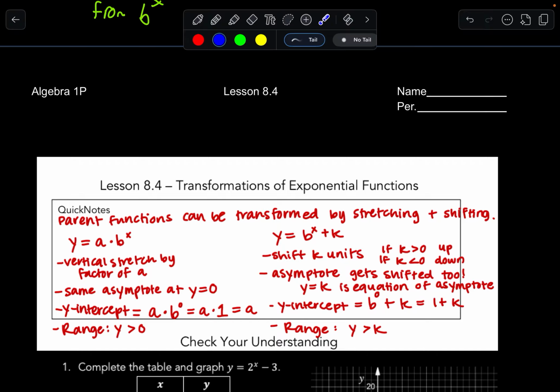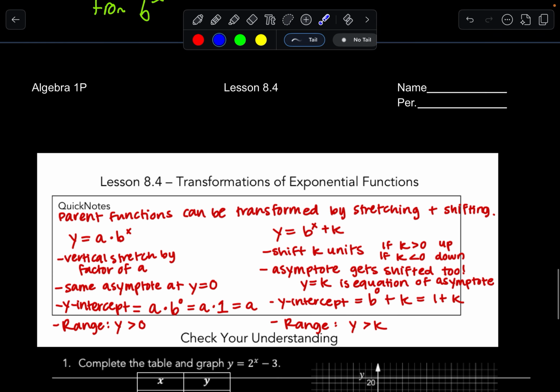It has the same asymptote, because the asymptote is when x gets really big negatively or positively, b to the x goes down to 0. So it's the same horizontal asymptote. The y-intercept, though, you put 0 in for x, because that's how you always evaluate the y-intercept. x is 0. That's a times 1, which is a. So the y-intercept is a. And the range is y is greater than 0.